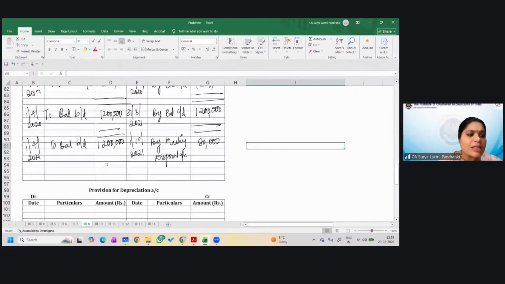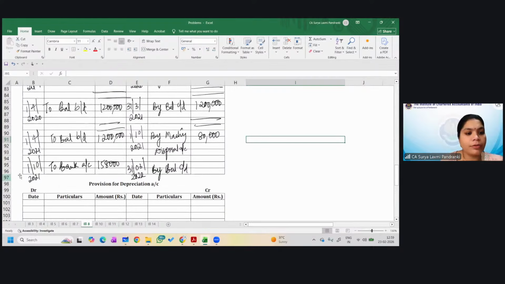Okay, this is done. Now on 1st October 2021, you have also purchased one more machinery, which is costing 1,58,000. So on 31st March 2022, by balance carried down will be how much?